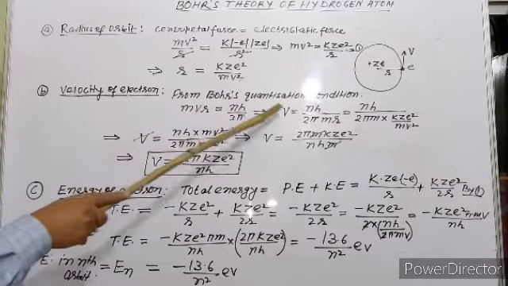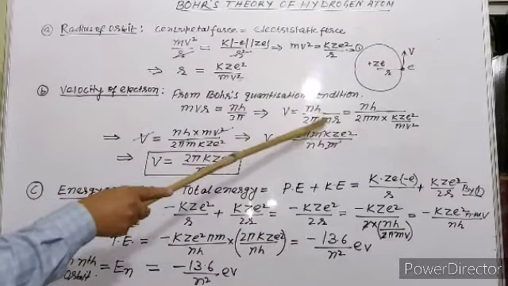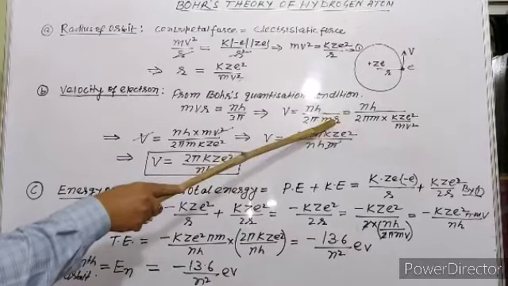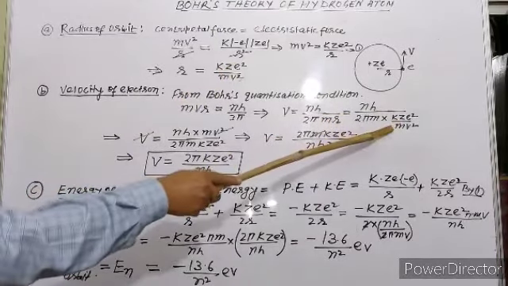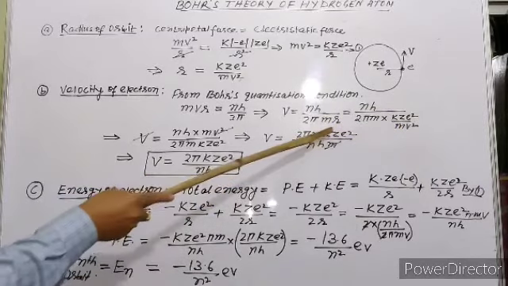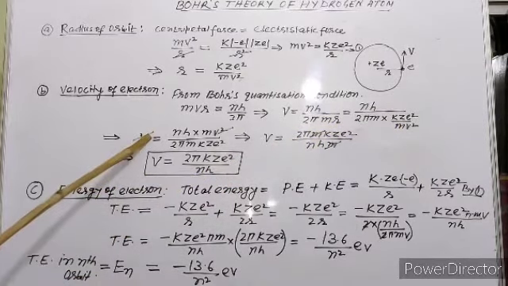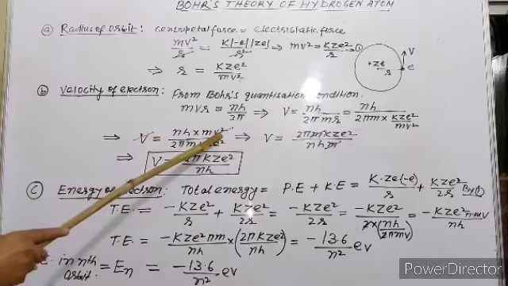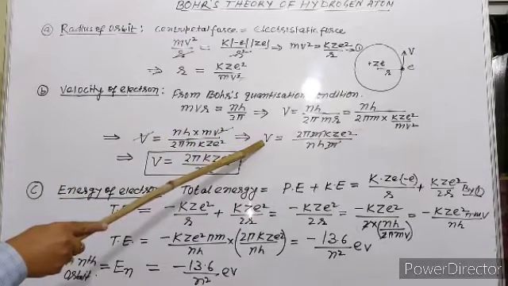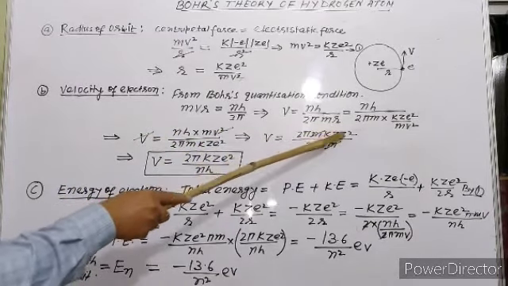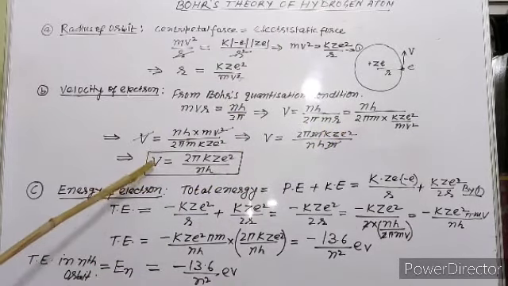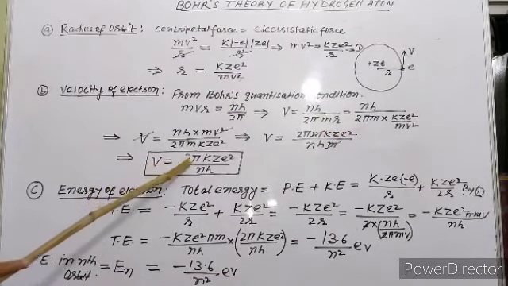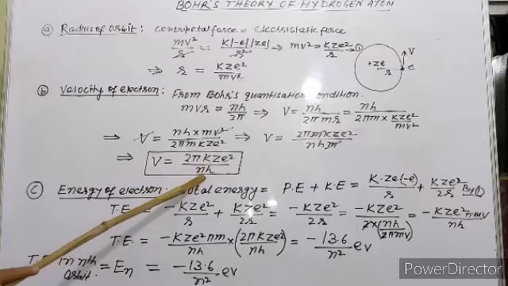From here we can find v, nh by 2 pi mr. In place of r, we can put the value k Ze square by mv square. So again, v will be cancelled. Now v can be calculated: 2 pi m k Ze square by nh m. m will be cancelled. Now the final expression of v will be equal to 2 pi k Ze square by nh.